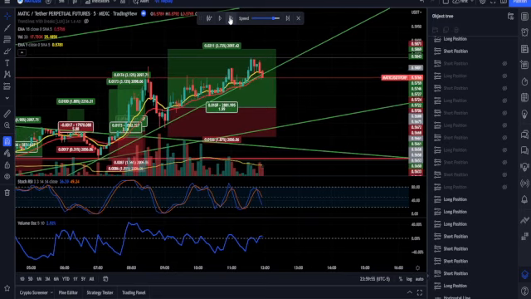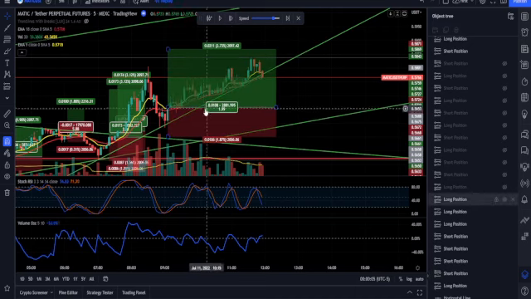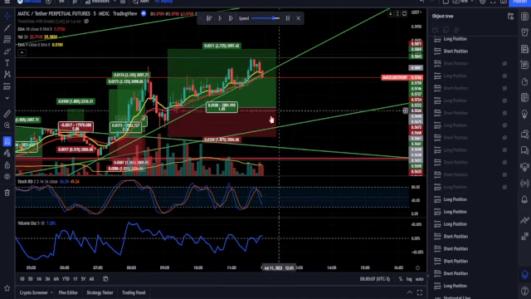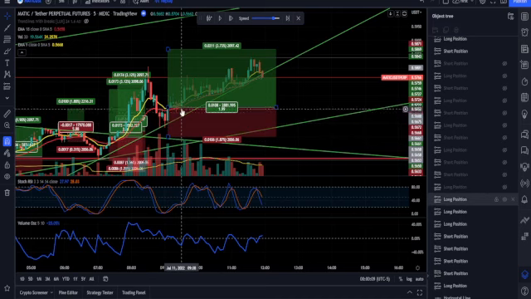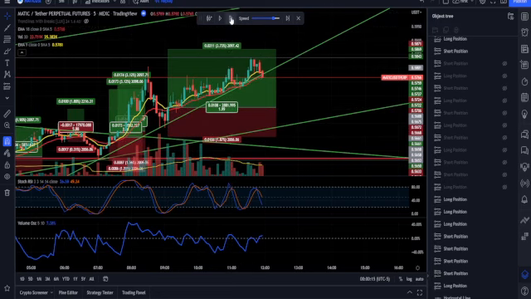Now it's right here. I should close my trade out. But you're in this much profit, you probably got your stop loss set to break even at least. So I think we continue.